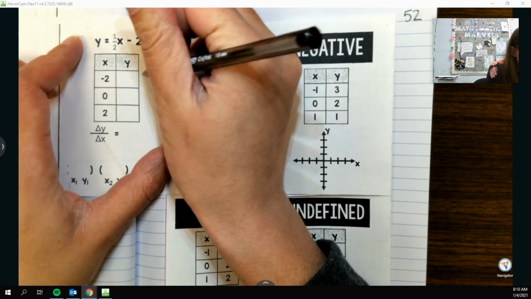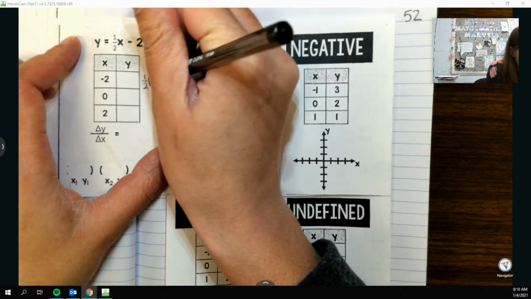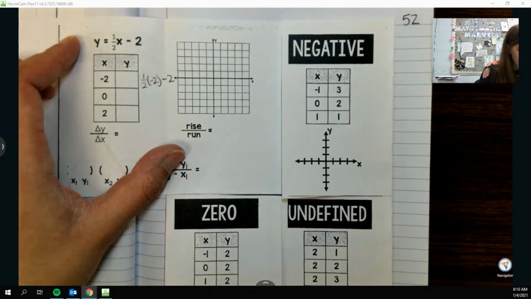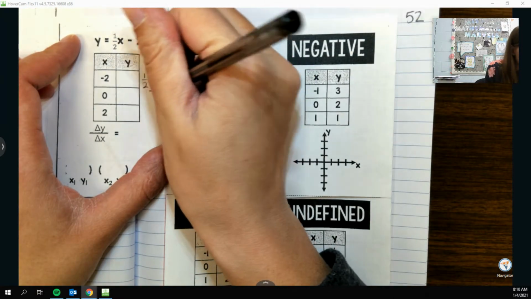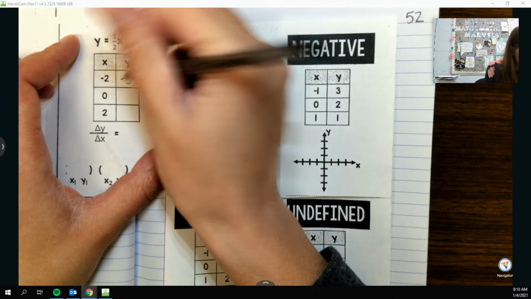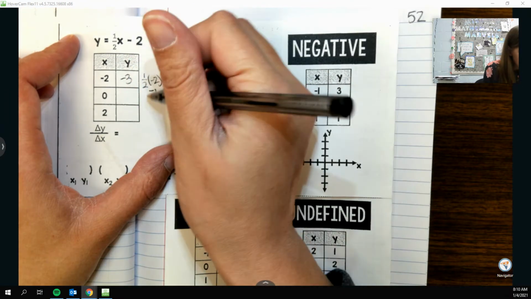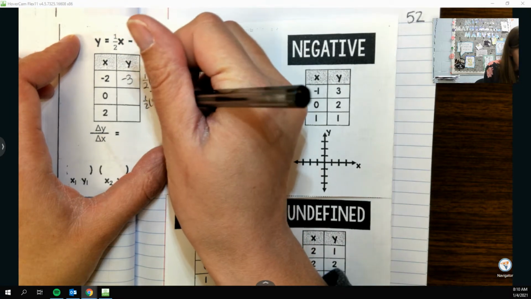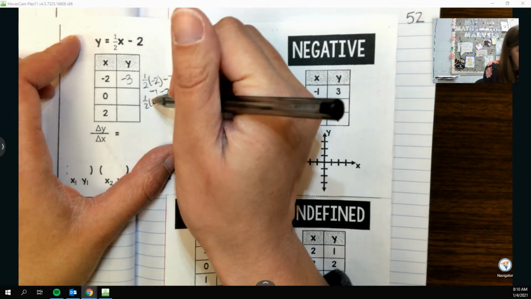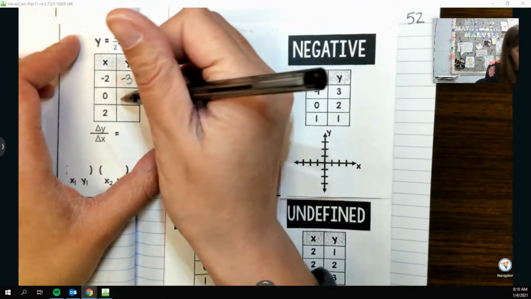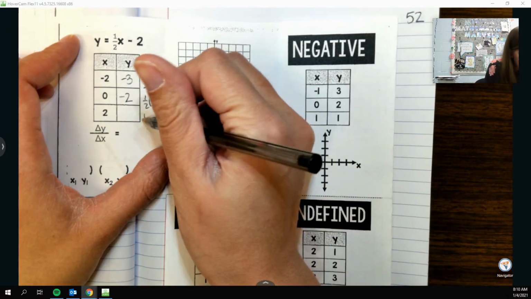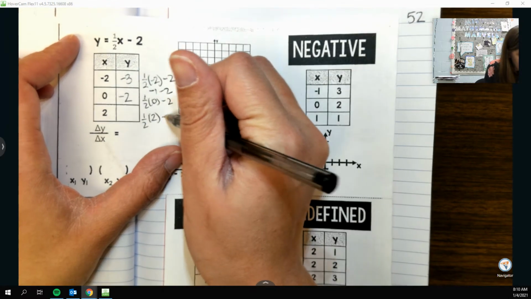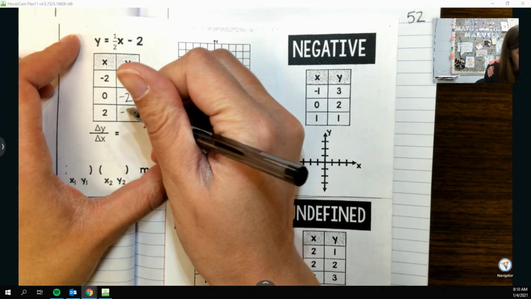So if I plug that in, we'd have half times -2 minus 2. And half of 2 is 1, but it's negative. Minus 2 is -3. If I plug in 0, we'll have 0 times half, which is 0, minus 2 is -2. And then if I plug in 2, we'll have half of 2, which is 1, minus 2 is -1.